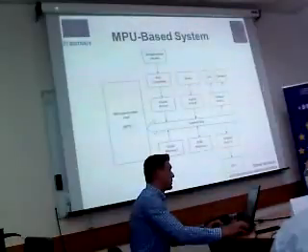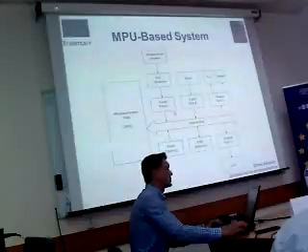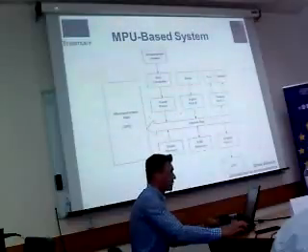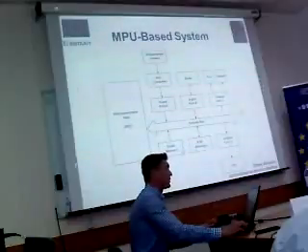So when we're talking about a microprocessor-based system, what can we have here? We've got, of course, this microprocessor unit with some inputs. It was on the previous slide, so you're familiar with this.